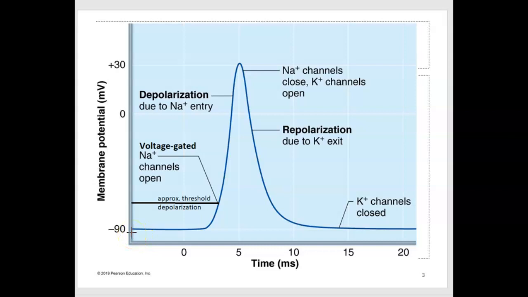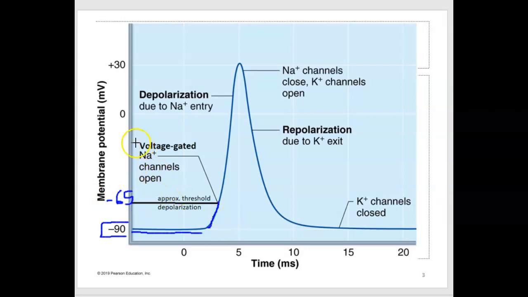So an action potential consists of a muscle cell starting at resting, which is about negative 90 millivolts instead of negative 70. And that influx of sodium reaches threshold, which is approximately negative 65 millivolts.